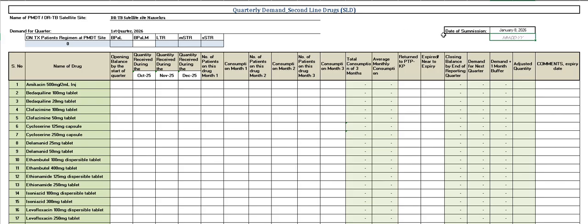Look at another thing. Before entering the date, one thing we have to consider: these three cells depend on this date. These are changed accordingly. For example, again we will enter the date.